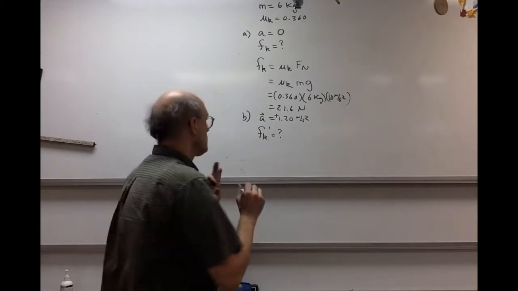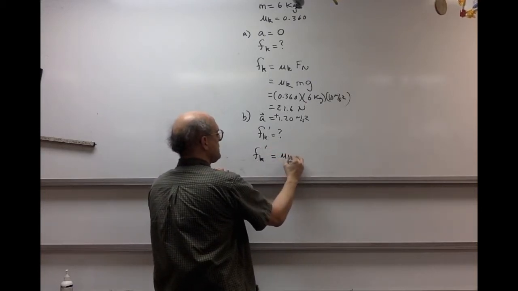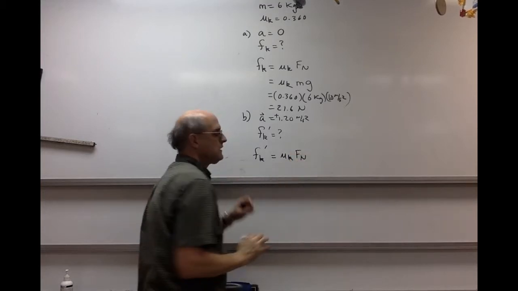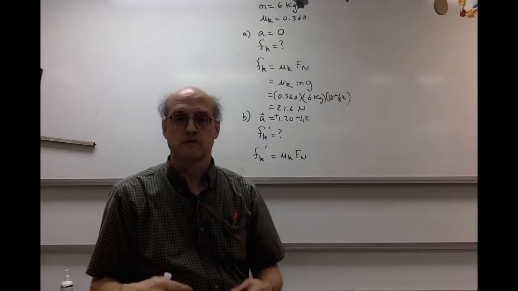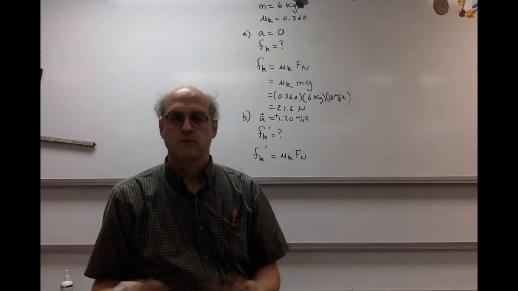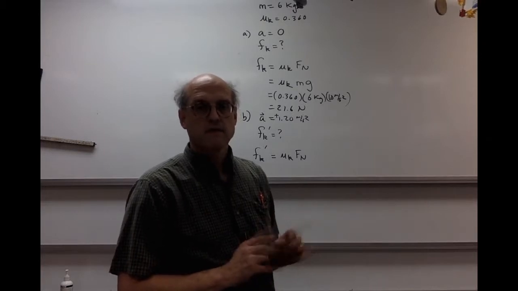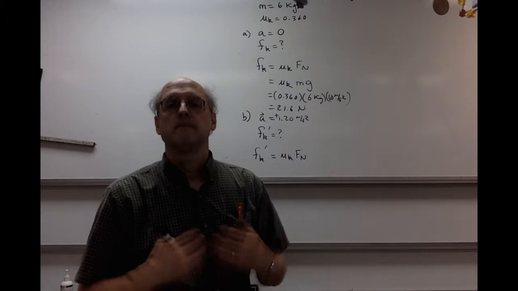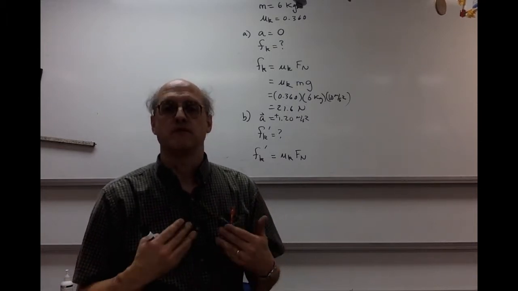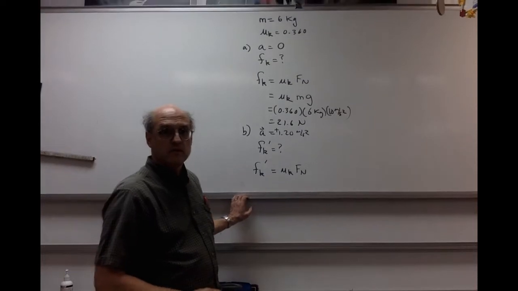So the equation for the kinetic frictional force is mu k times the normal force. Now normal force can also be thought of as apparent weight. So if you put yourselves in the shoes of the 6 kilogram box, what is the apparent weight of the 6 kilogram box? So we're going to use Newton's second law to figure this out.